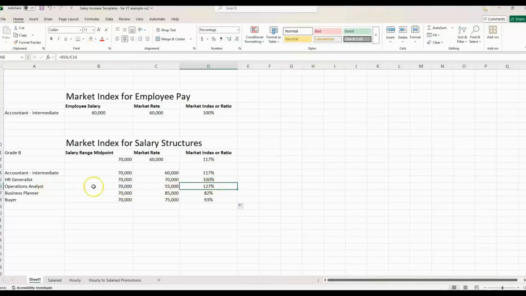For example, this operations analyst is showing that the salary range midpoint is a lot higher than the market value for that job. So that would be one that would stand out as something to look at, as well as the business planner being the lowest market rate, and that's with the midpoint being lower than the market values.